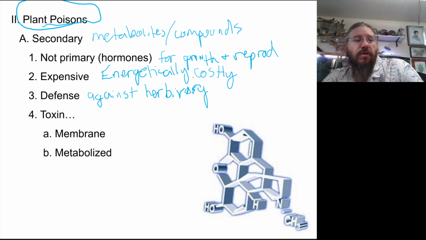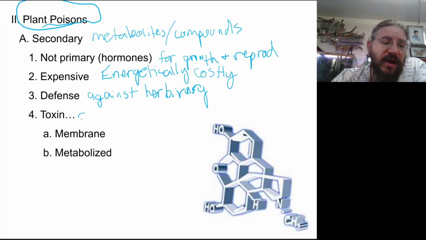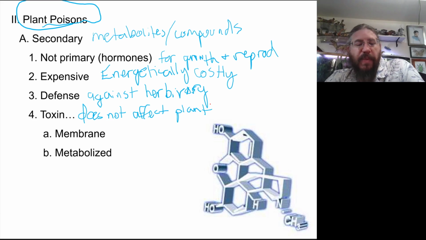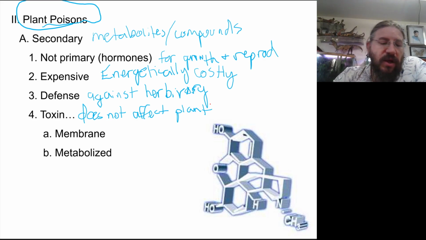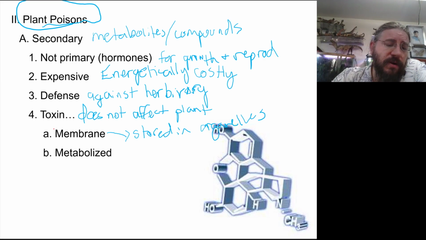So, a general rule about plant poisons is that the toxin generally does not affect the plant. And it's often found in membrane-bound structures, so stored in organelles. That's a fancy way of saying found in membrane-bound structures. I don't know why Past John wrote that.